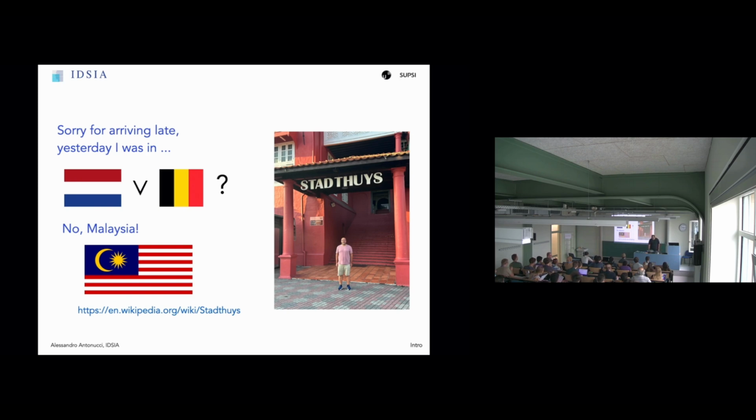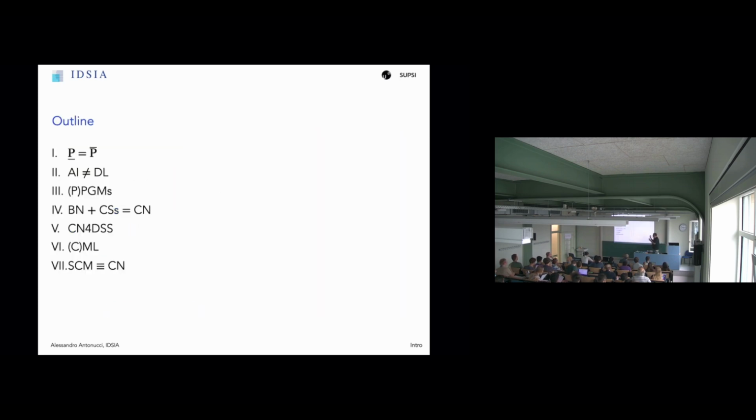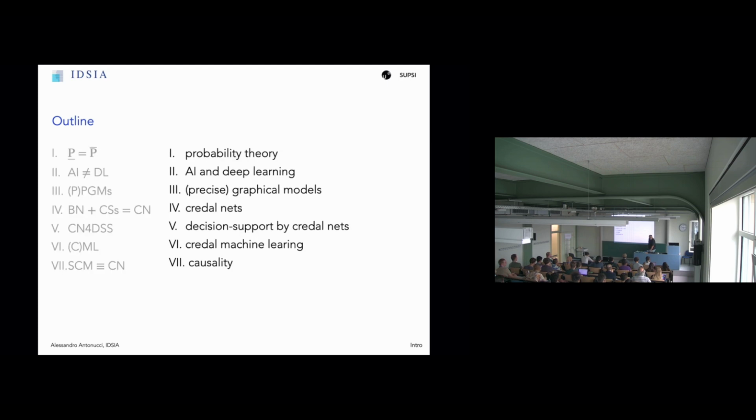Okay, let's start. I'm organizing my material in 8 different units. This is the very compact formulation of the topics, but I can be more explicit. The very first module or unit will be very short and will be on precise probabilities.